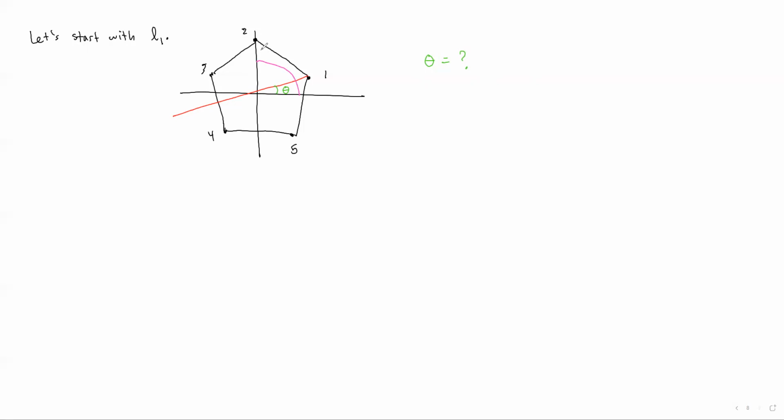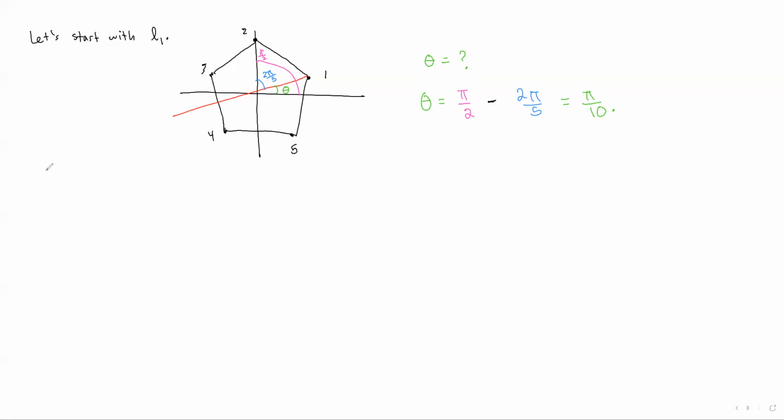So the pink angle is pi over 2. And then the angle between any two vertices is 2 pi over 5. So theta equals pi over 2 minus 2 pi over 5, which is pi over 10.